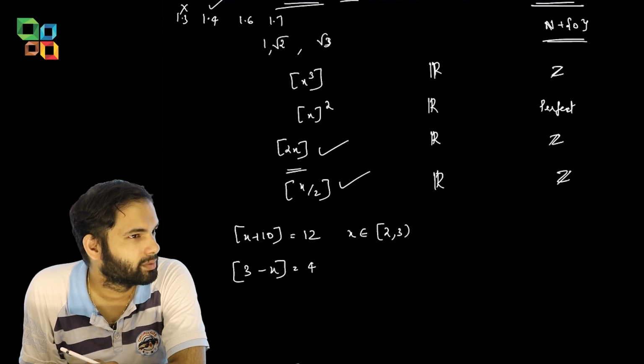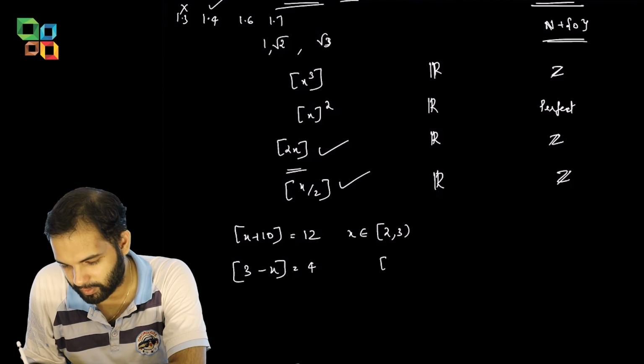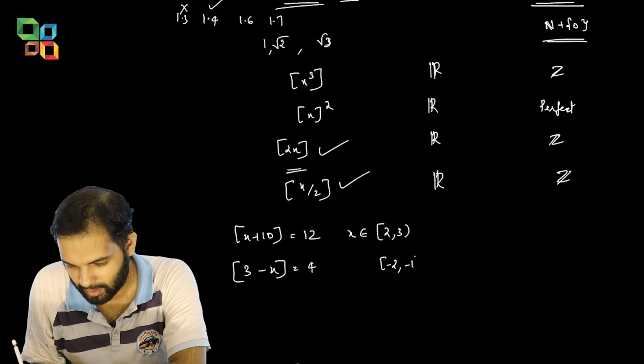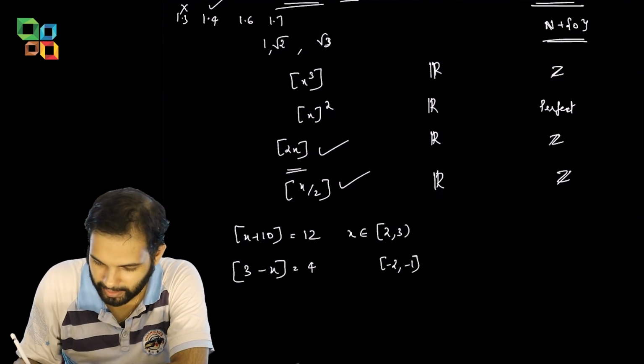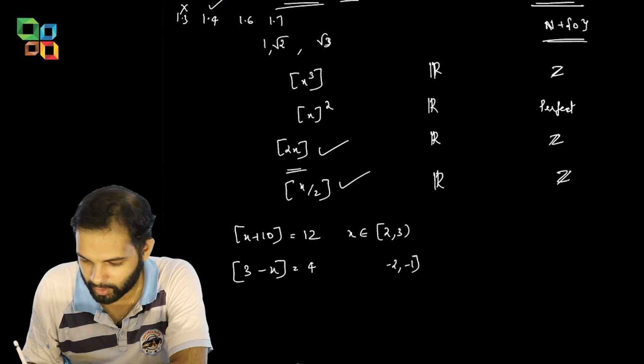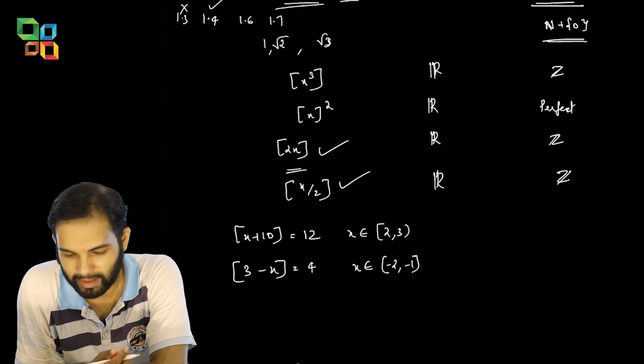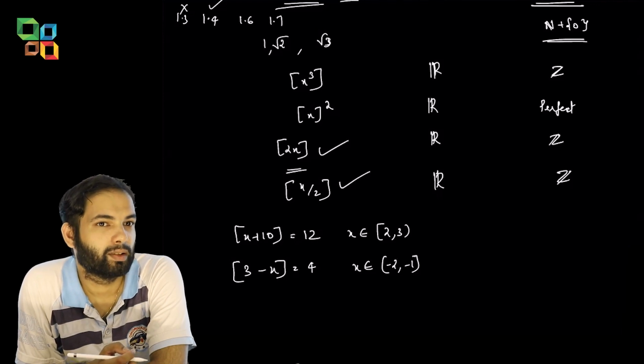Minus 2 to minus 1 will work, right? Minus 1 included? Actually, it's included. Minus 2 is not included. Again, minus 1.5 you take? Yes. Minus 2.